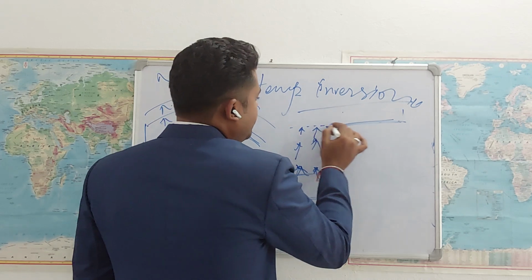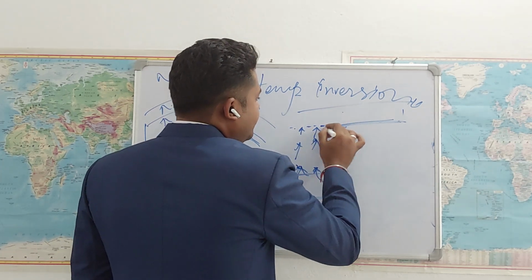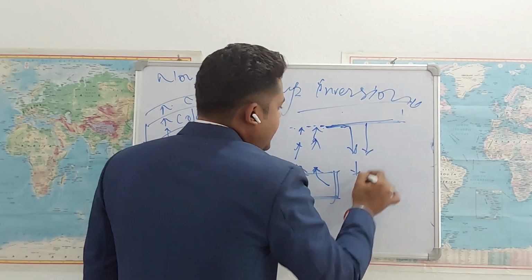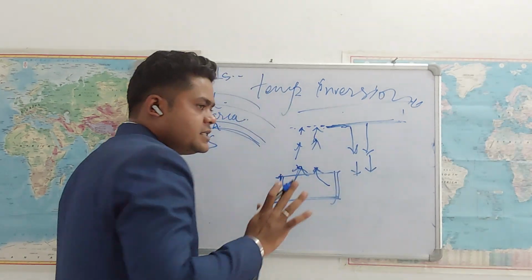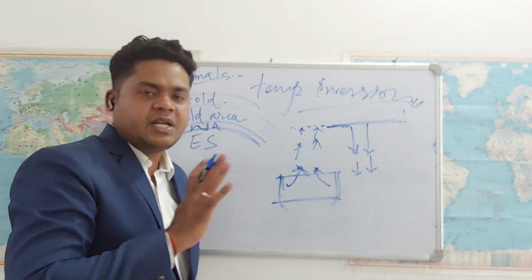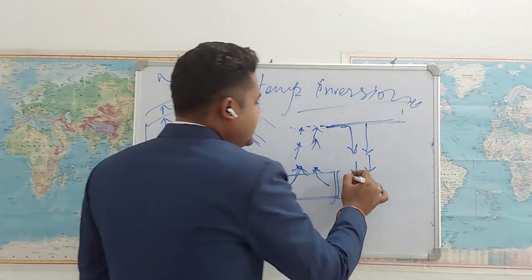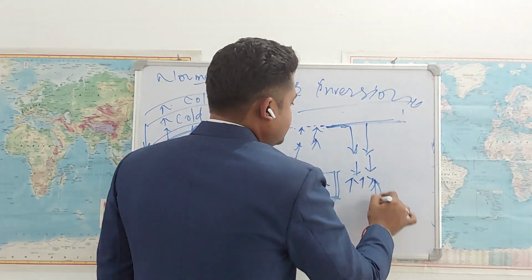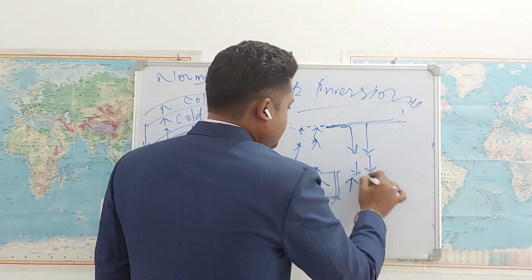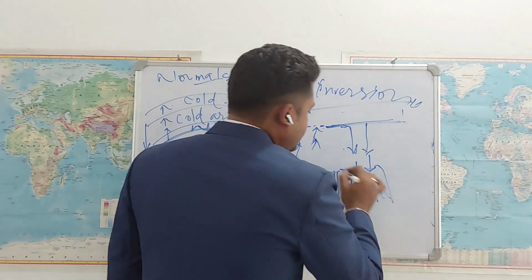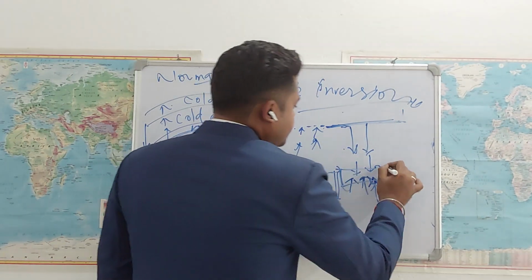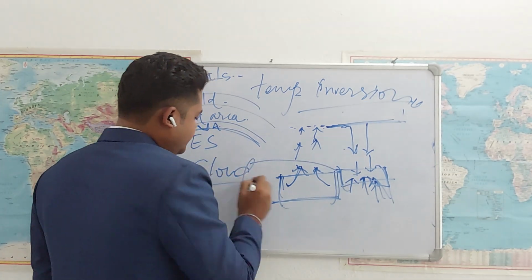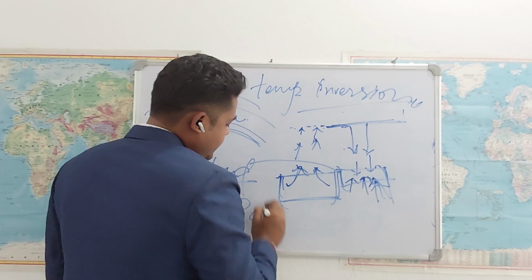Here it gets cooled down, and when it gets cooled down it will try to subside. Because of the pressure variation, it comes in contact with this, and due to this unstable condition, clouds form here, which causes rainfall.